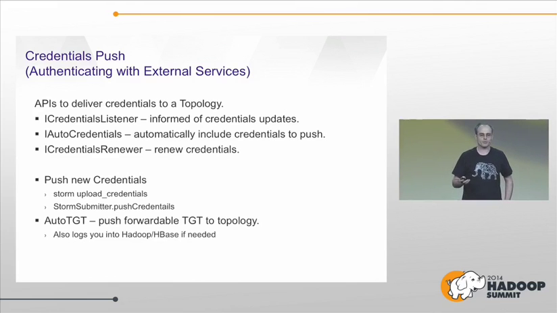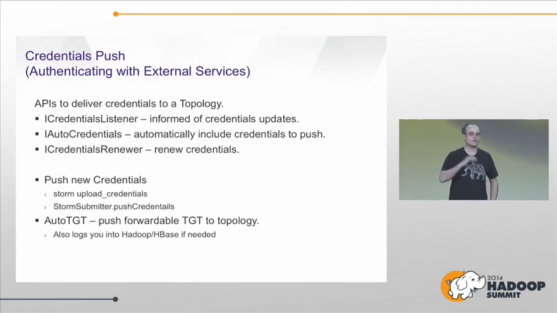The first one that we actually did was Auto TGT, which is kind of a sledgehammer to solve this problem. It takes your TGT, if you're familiar with Kerberos at all. A TGT is a special ticket you get from the Kerberos KDC that you can then use to get tickets for other services, like HDFS or Zookeeper or whatever else.